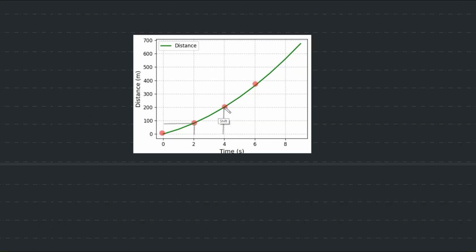At 4 seconds, this is where the object is. At 6 seconds, this is where the object is. You can clearly see at 8 seconds that the distance that the object is covering is not the same, right?